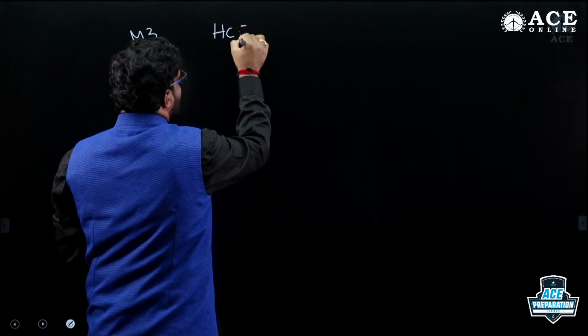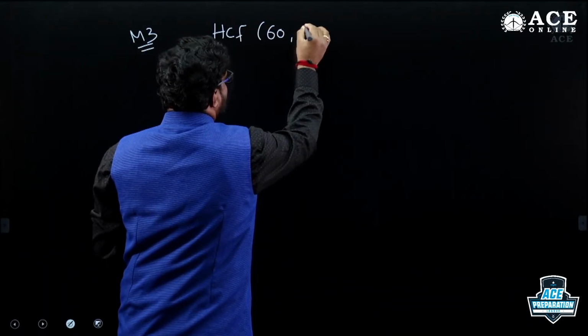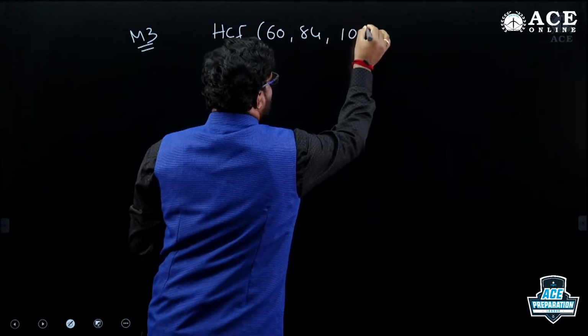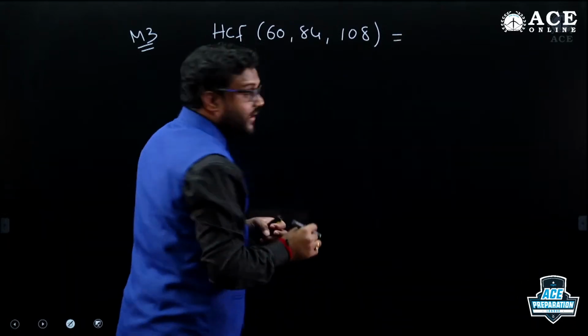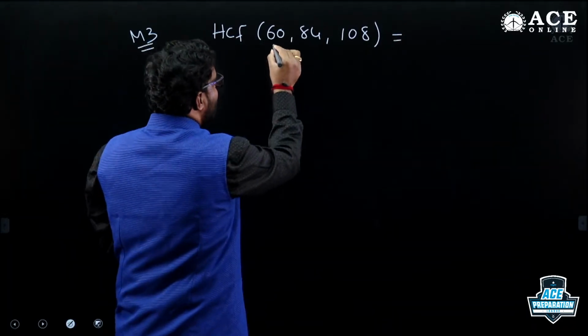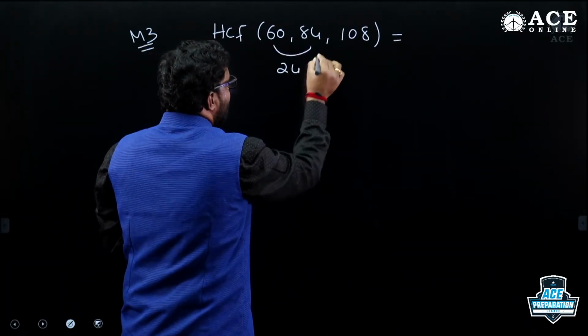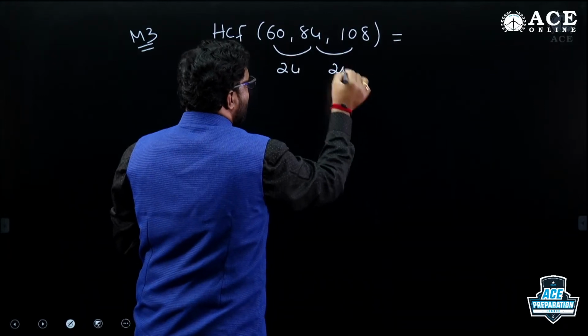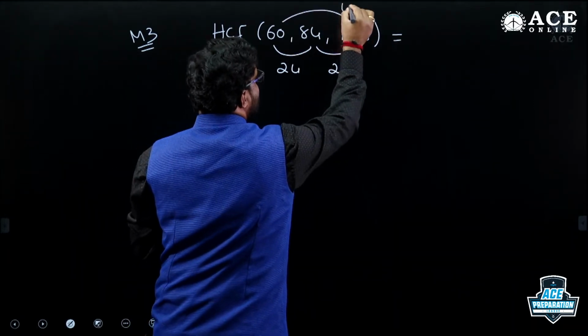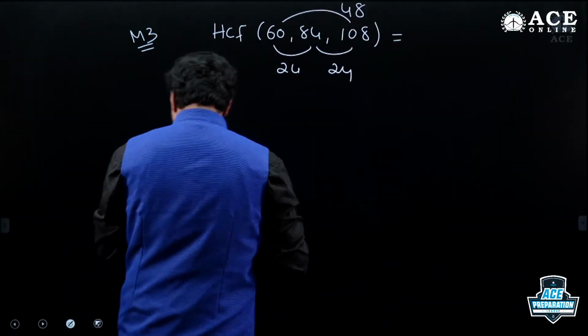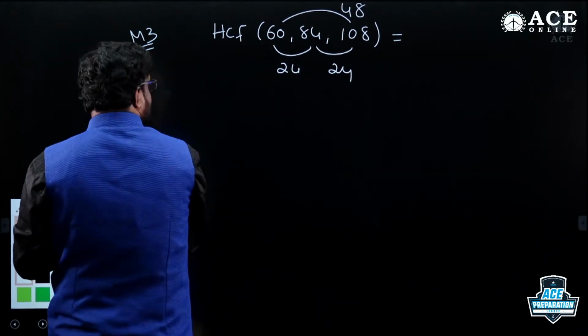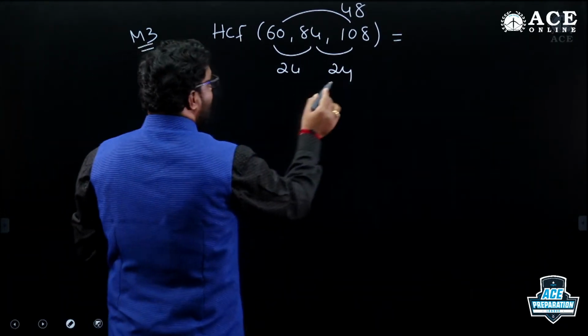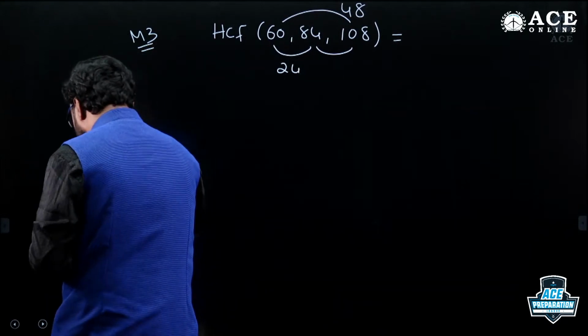Right. And one more method to calculate this HCF, same example, 60, 84 and 108, my dear friends. See the differences. The difference here is 24, next one is 24, and here the difference is 48.